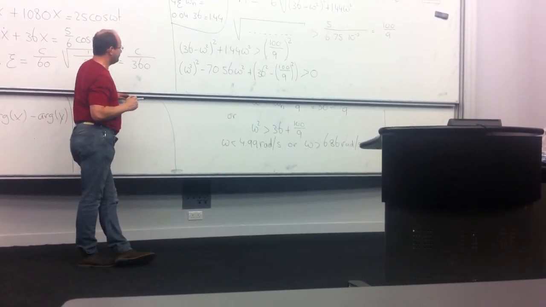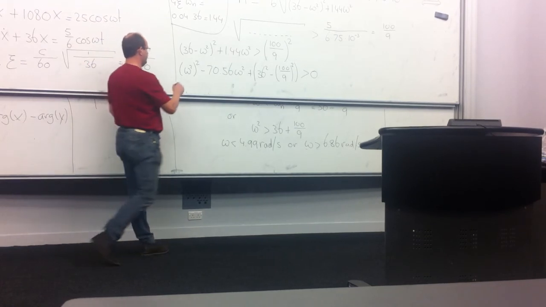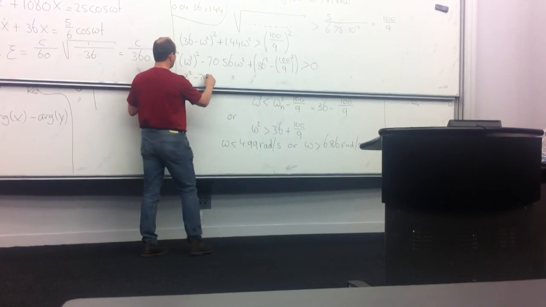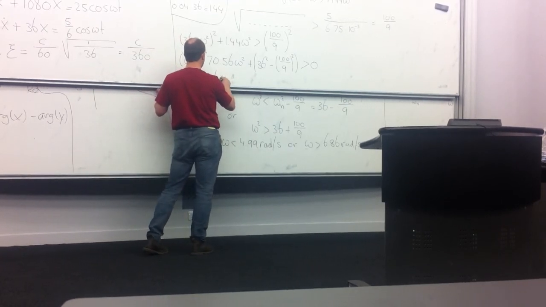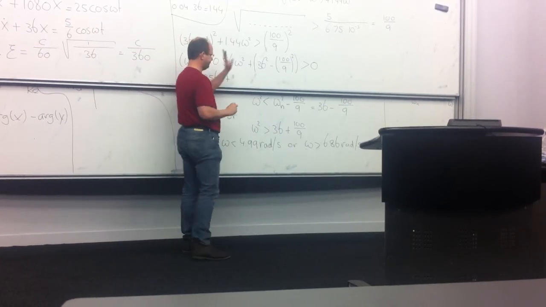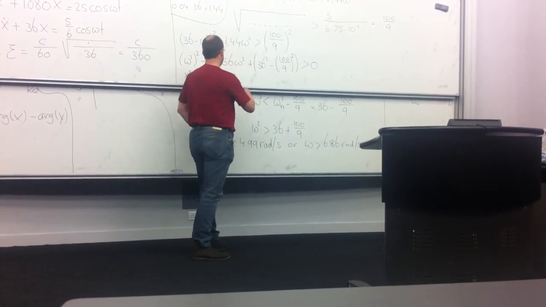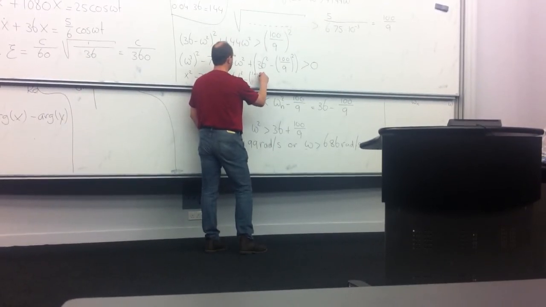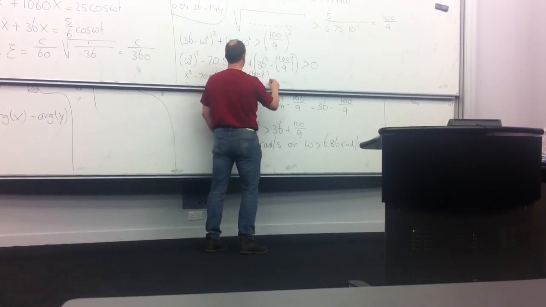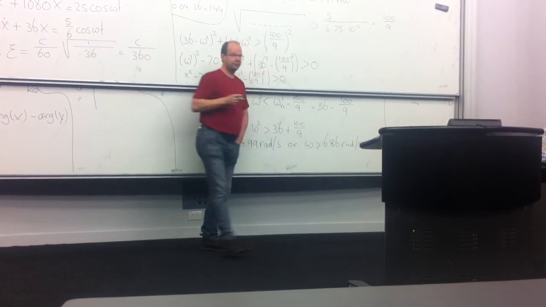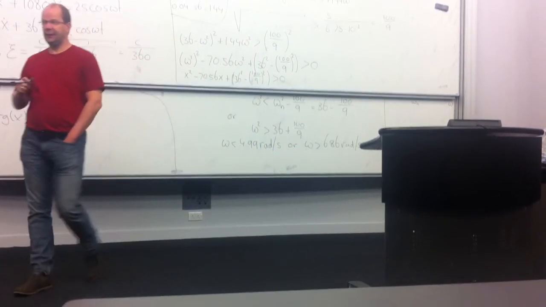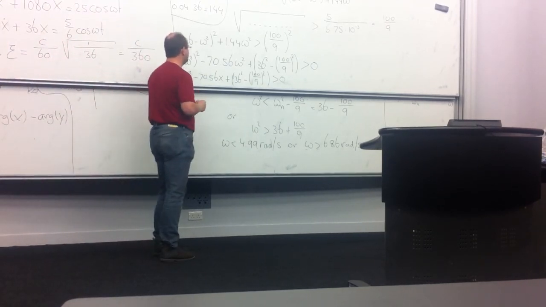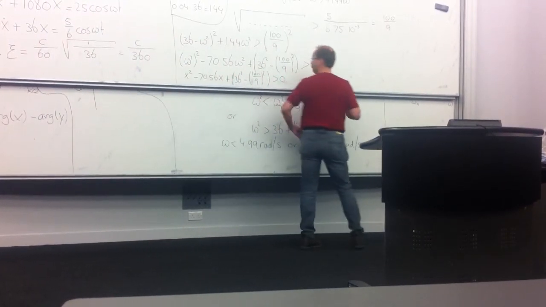Okay, now, so I have something of the form x squared minus 70.56 x plus constant 36 squared minus 100 divided by 9 squared is larger than 0. You want to solve this for x. Let's just draw a graph of this.